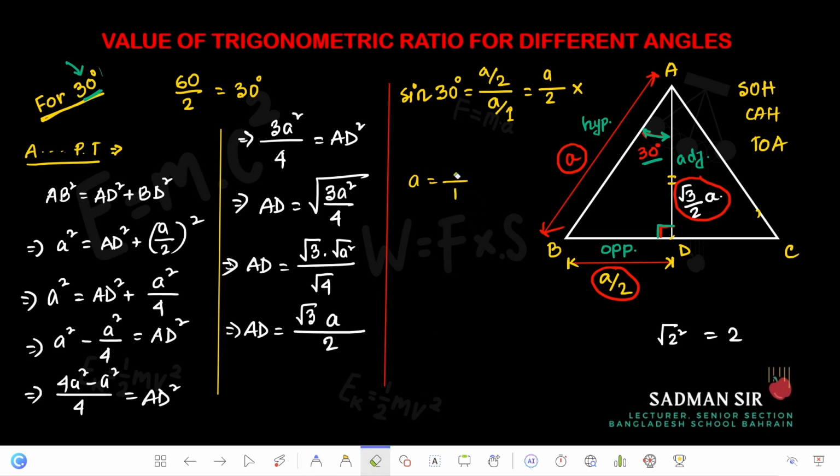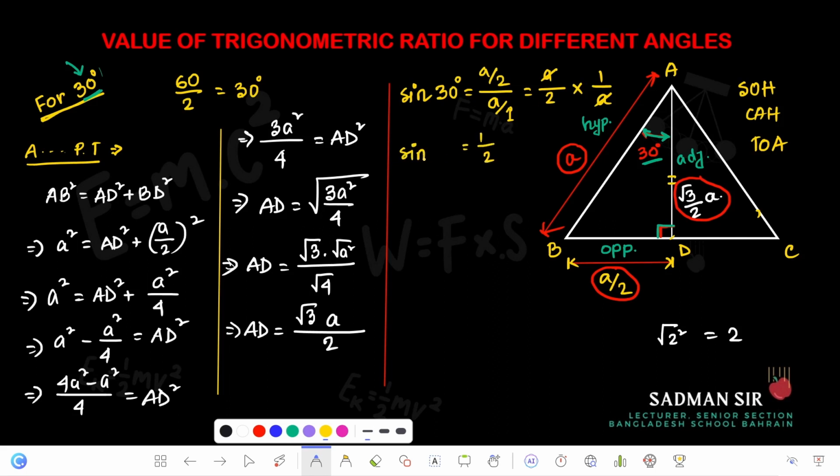We will do it so that it becomes easier for us to understand what it will become when it becomes reciprocal. So a by 1 will become 1 by a, correct? So this a and a will cancel each other, so 1 by 2 is what will be left. So the value of sine 30 is 1 by 2.